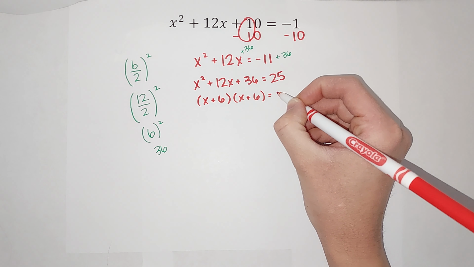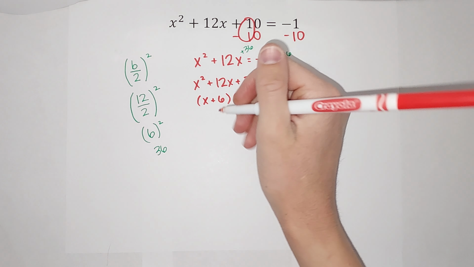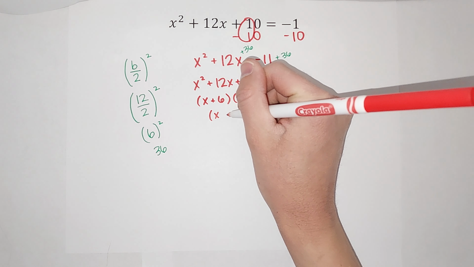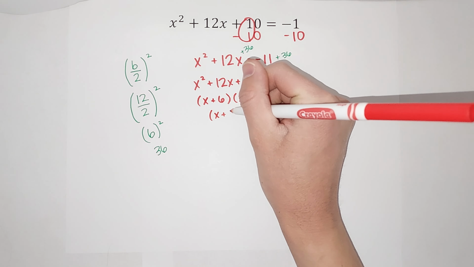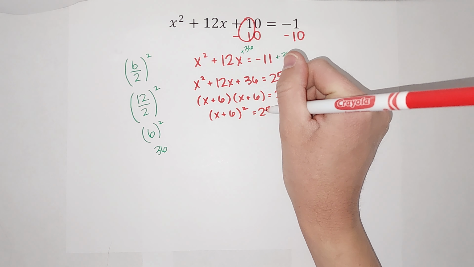Again, if you forget completing the square means we're doing that, you can go ahead and factor like normal and then see, oh, it's x plus 6 times x plus 6. So when it's the same, I can write it as x plus 6 squared. Those mean the same thing. And we're still equal to 25.